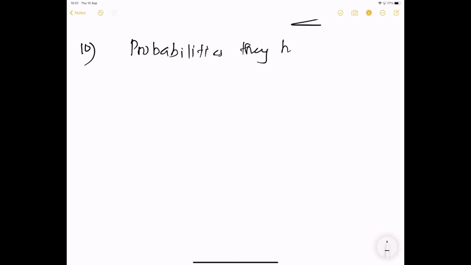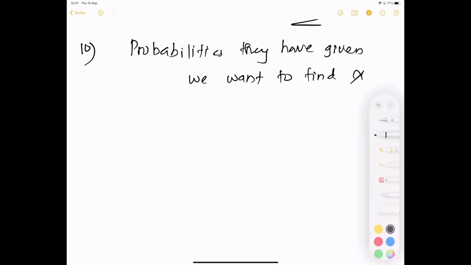We want to find the value of z. No, not the value of x. We want to find the z-score. Let's see how to do that.